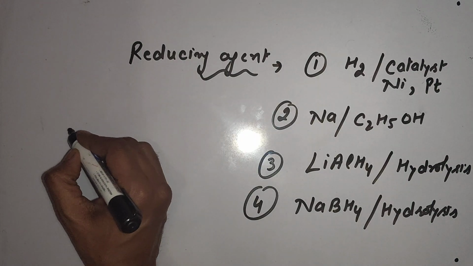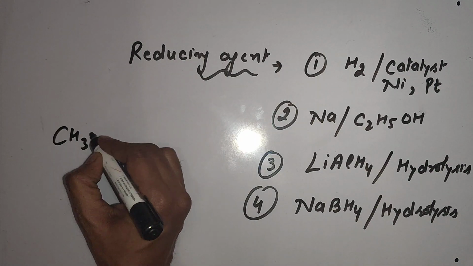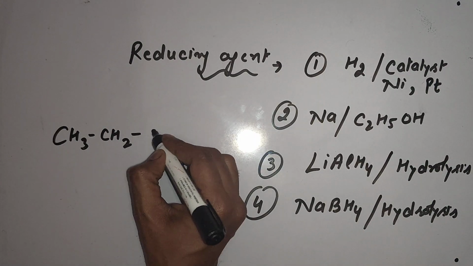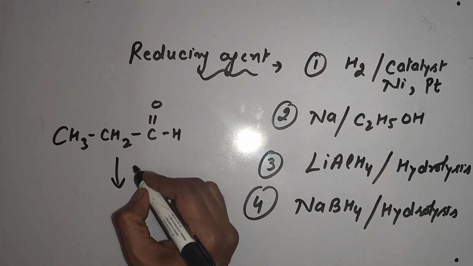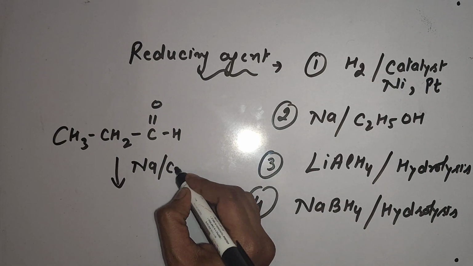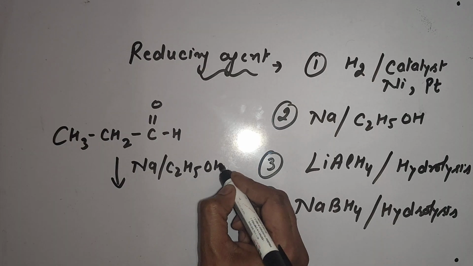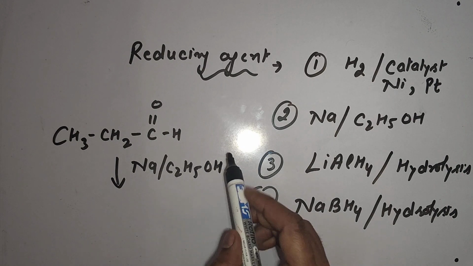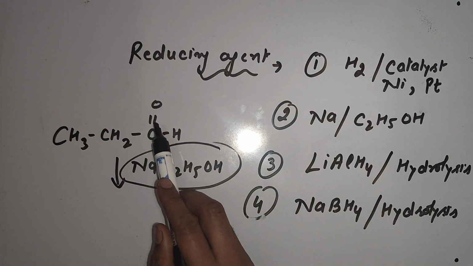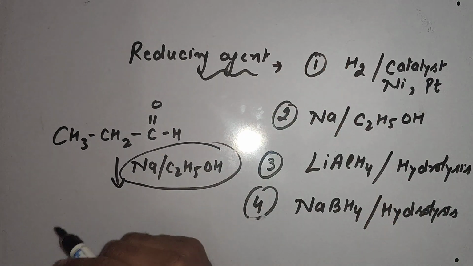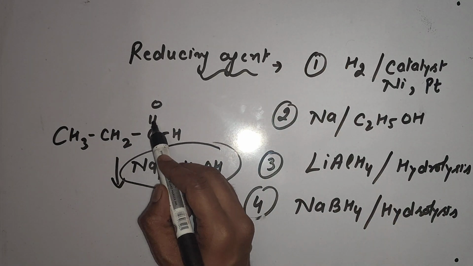Like on the board, if a reaction is given, CH3CH2CHO, and in the reaction it is written Na, C2H5OH, you just have to learn it. It's a reducing agent, meaning you have to do reduction of that. The reduction technique I have already told you. Two bonds are there.